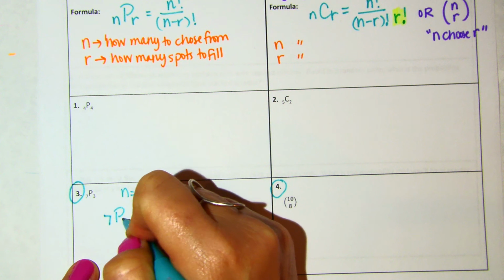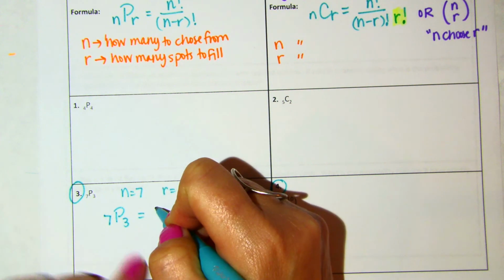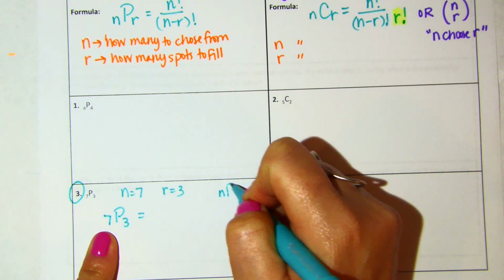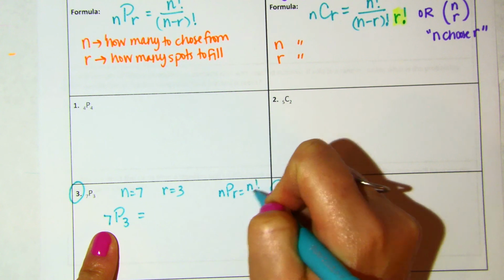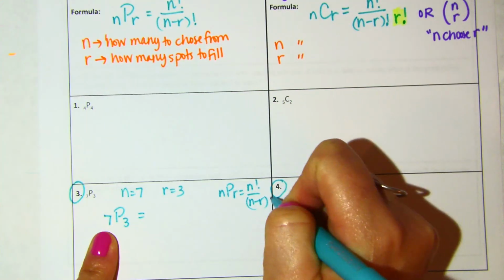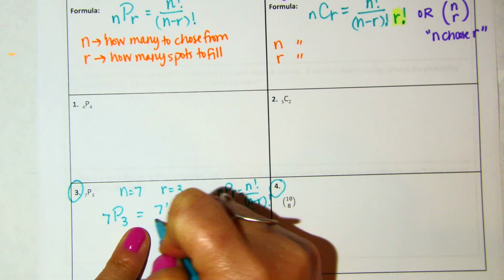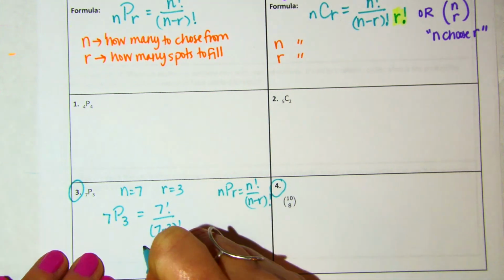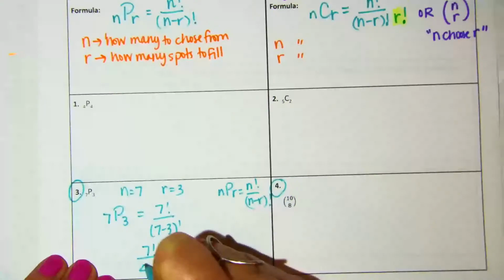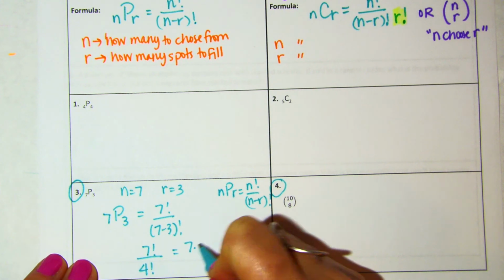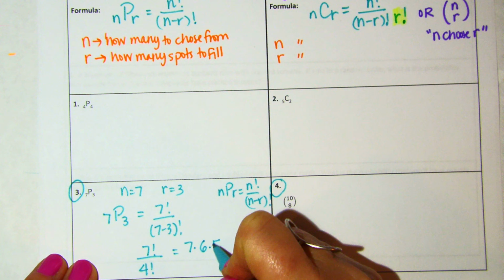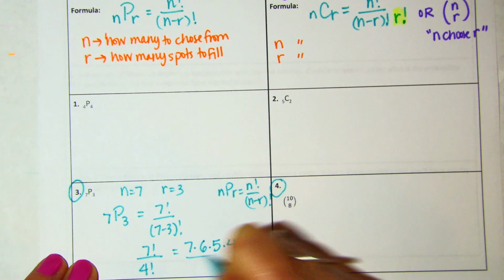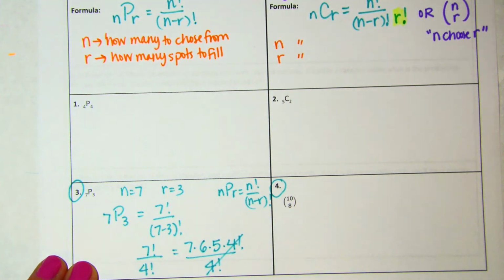So n in this case is 7, and r is 3, and it's a permutation. So it's 7P3. And so I'm going to write the formula here for you. So the 7 goes on top, 7 factorial over 7 minus 3 factorial. So 7 factorial over 4 factorial, and then I'm just going to simplify. 7 times 6 times 5 times 4 factorial, and those cancel.